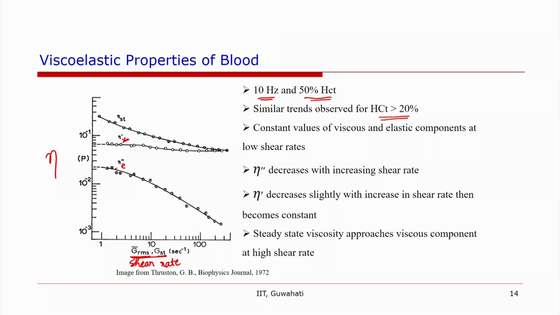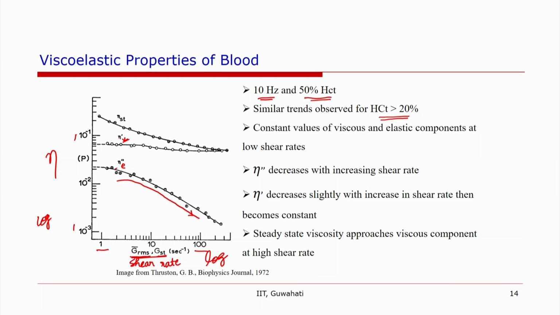When the shear rate is increased, then the elastic component decreases continuously. You might notice that the scale here on the x and y axis is log scale, so this is a log plot.